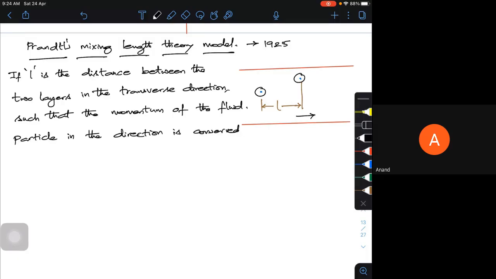That means it doesn't change. Conserved means it's not going to fluctuate.